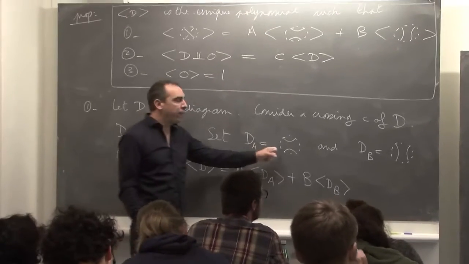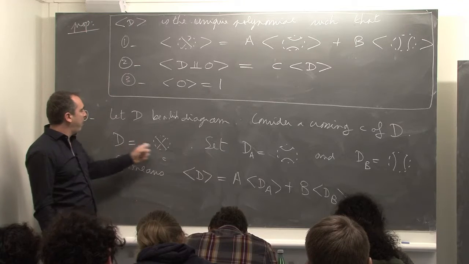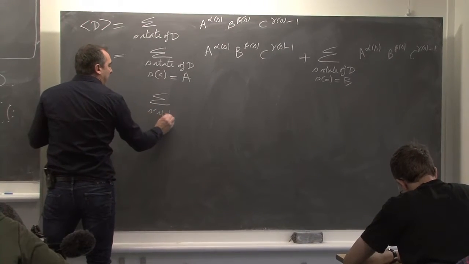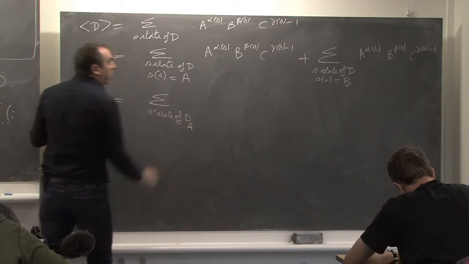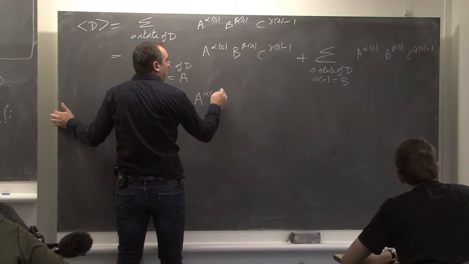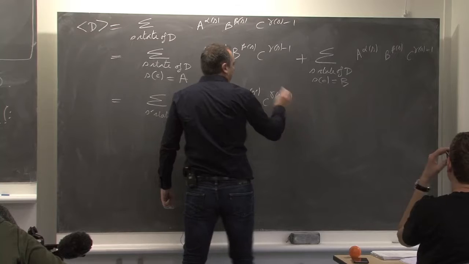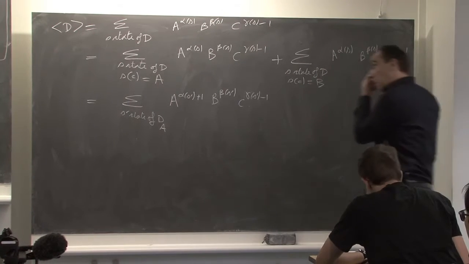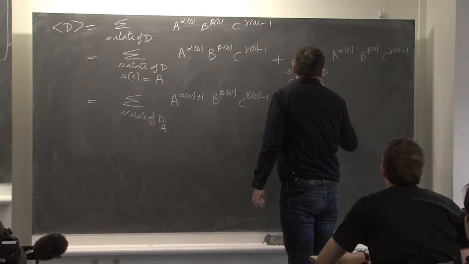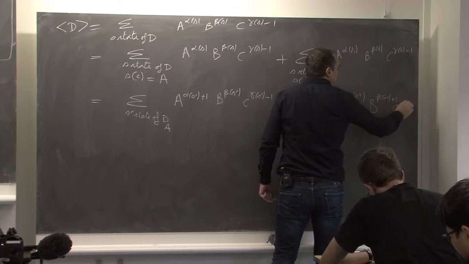Now, if you have a state of the diagram dA, you obtain a state for the diagram D by imposing that the value at the crossing is A. So the first sum is just the sum on the states of dA of A^(α(S')+1) B^β(S') C^(γ(S')-1), plus the sum on the states of the diagram dB of A^α(S') B^(β(S')+1) C^(γ(S')-1).